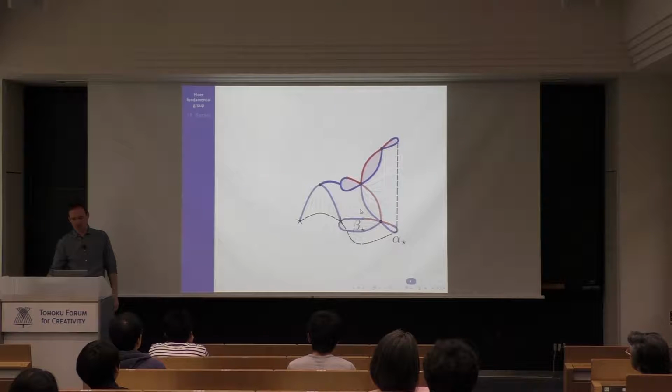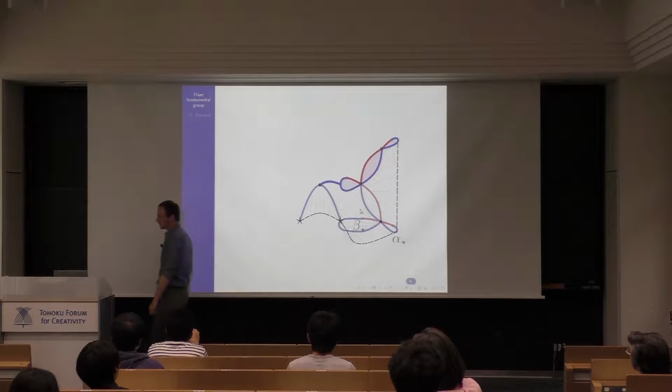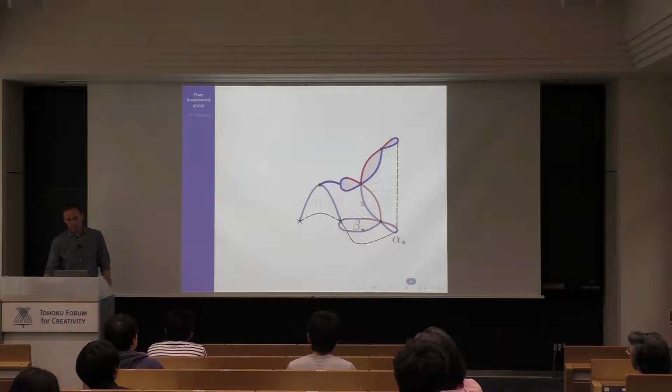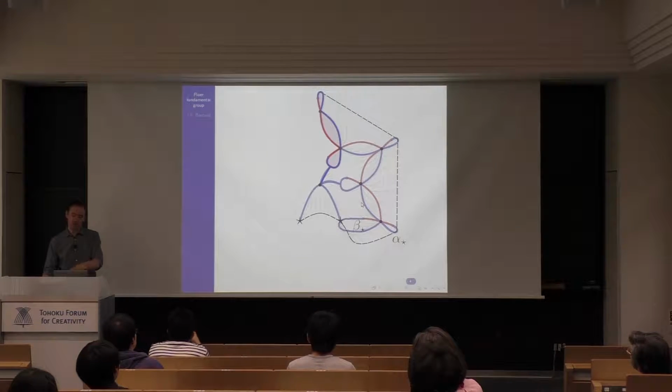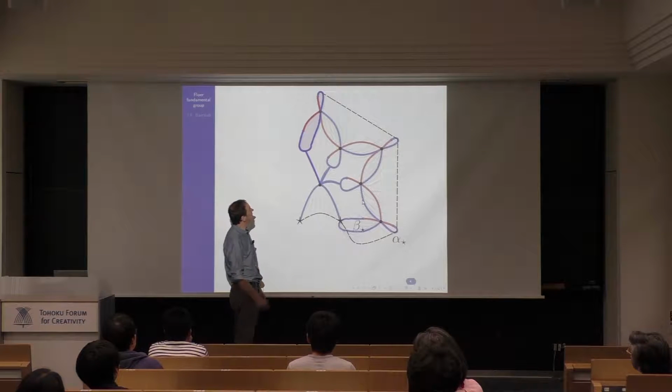This is just what I defined as a Floer loop, a Floer step, sorry. It's a Floer step through this intersection point. And you can repeat the process. You glue at the bottom, and you glue at the top, and you glue at the bottom, and you have a second Floer step.